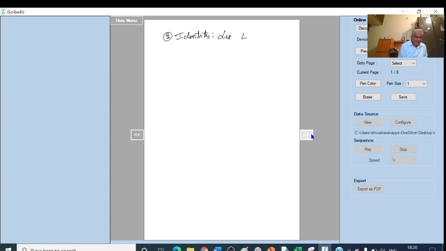Let E be the identity. If E is the identity, then we have AE equal to A. A is [x1 0; 0 y1] into E. Let me take E as [e1 0; 0 e2].